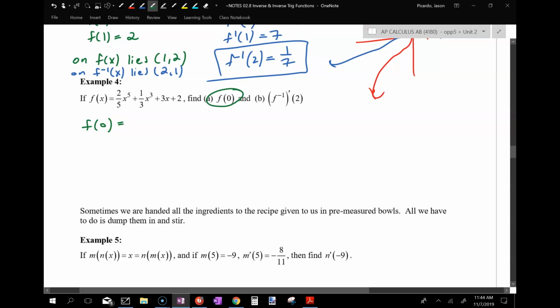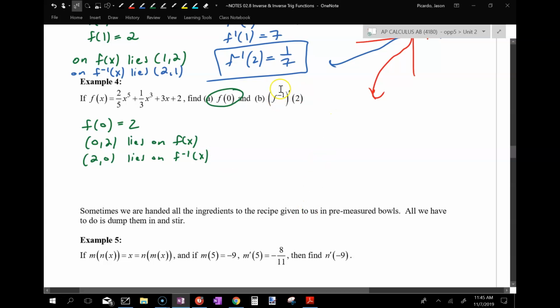Plug in 0, and what do I get? I get 2. How do I know that? Because this goes away, and this goes away, and this goes away, and that's left. So what does that mean? That means that (0, 2) lies on f of x, which means (2, 0) lies on the inverse. Oh, how convenient.